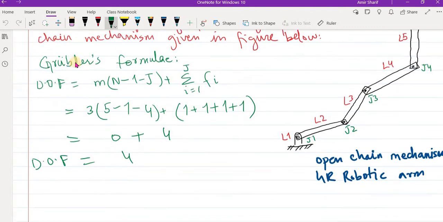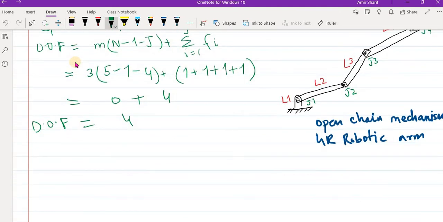So this is an open chain mechanism. So here you can know what an open chain mechanism is. Open chain mechanisms are also called serial mechanisms, and they do not have any closed loop.